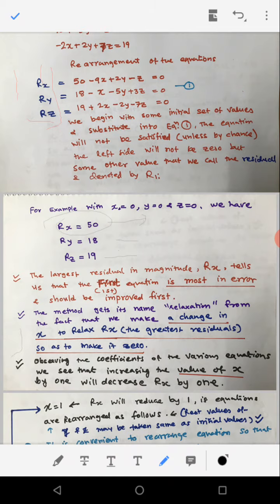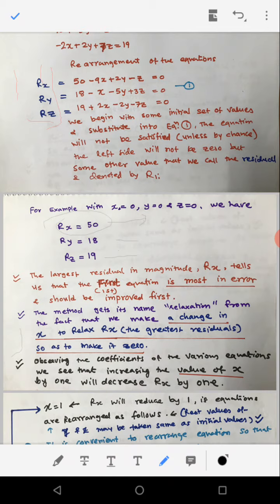The method gets its name relaxation from the fact that we have to make a change in some value of x. We have to take some initial value of x.